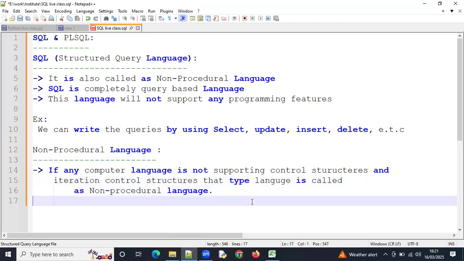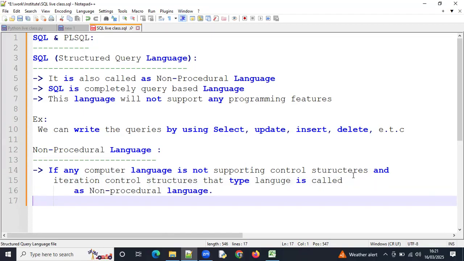If any computer language is not supporting control structures and iteration control structures, that type of language is called a non-procedural language. So here, what are control structures?